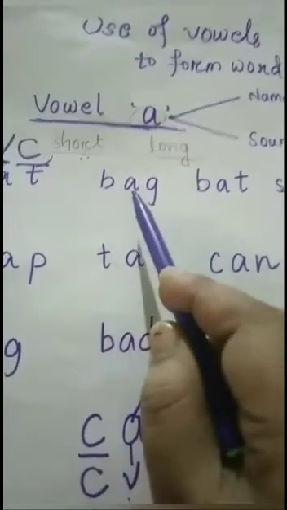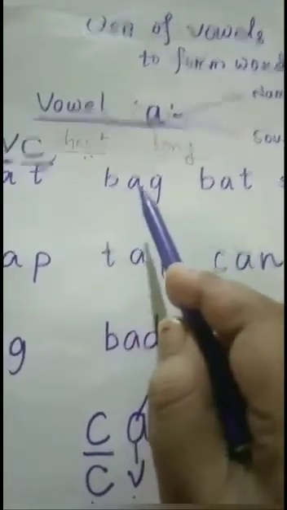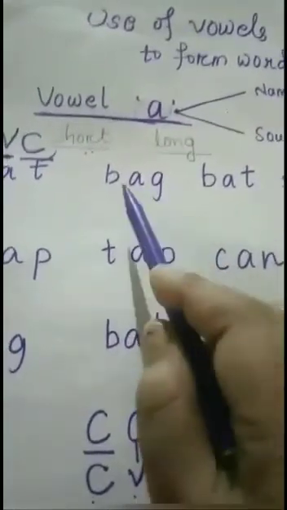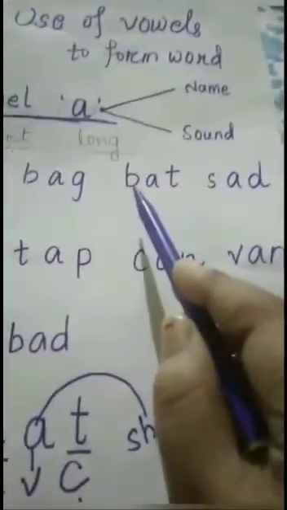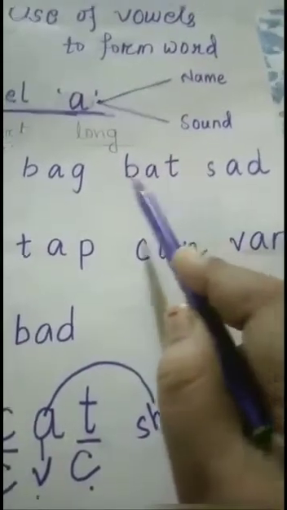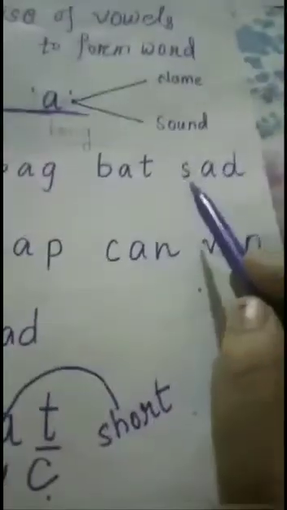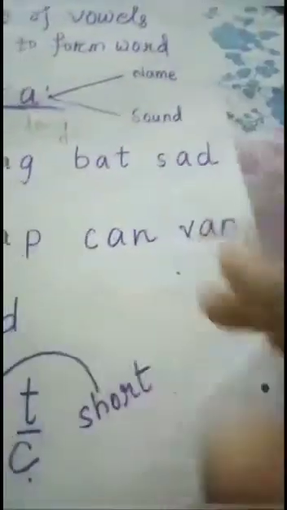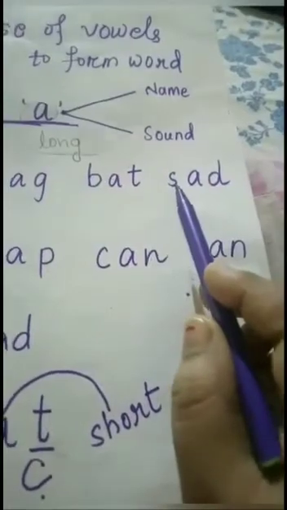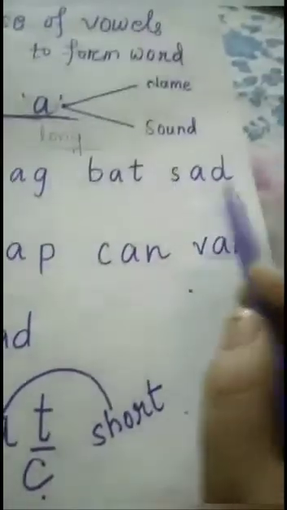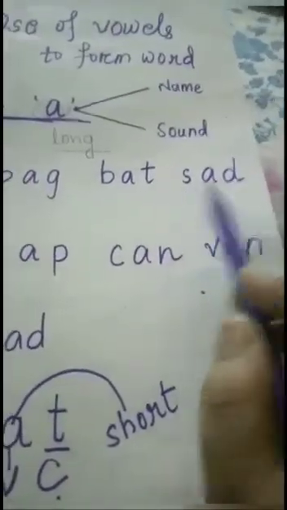B, A, G. Bag. This way. B, A, T. Bat. What is the sound of S? The sound of S is s. S, at. Sad.